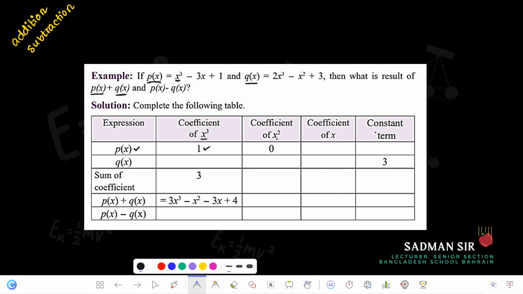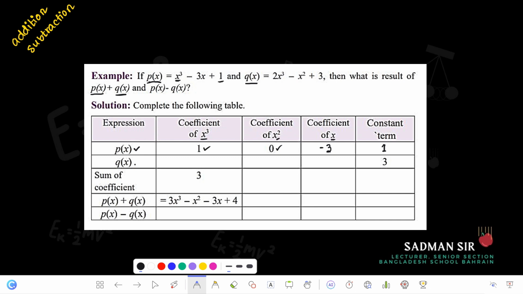So if x square is not there, then we will consider the coefficient to be 0. And here the coefficient of x is next. So you can see with x there is -3, so we will write -3 here. And the constant term is the term which does not involve any variable. So here 1 is the constant term, right? So 1.